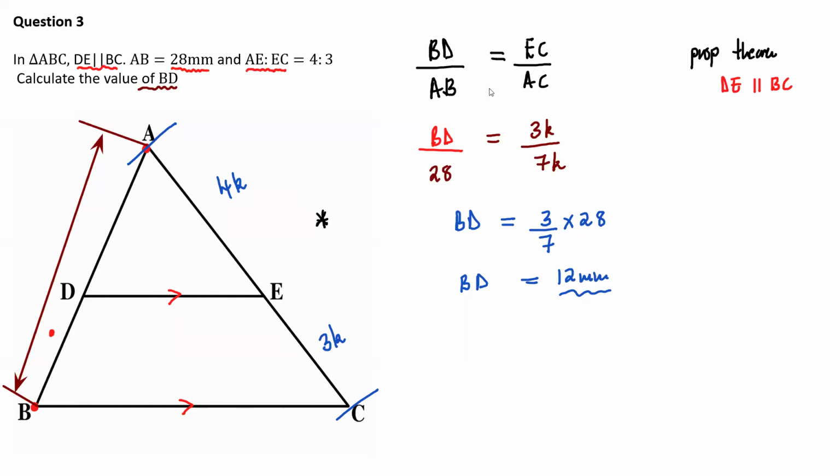Notice again, because it's a ratio, these letters cancel out. That's why I have 3 over 7 eventually, but they need you to show the presence of that 3K, 4K story, which is basically your ratio from there on. All right, perfect. I'm taking this out. It's gone.